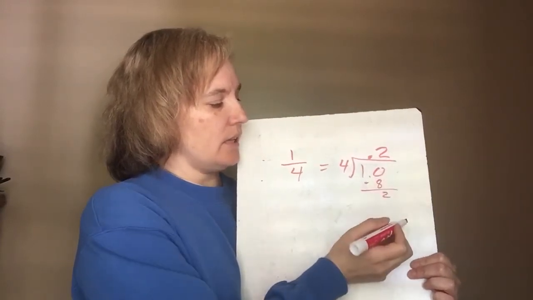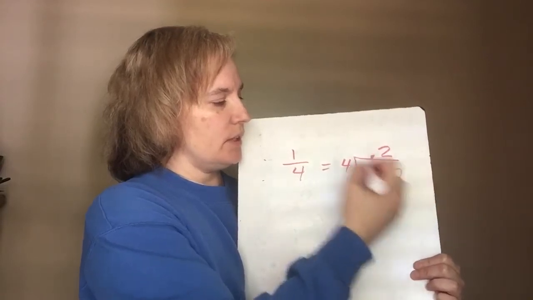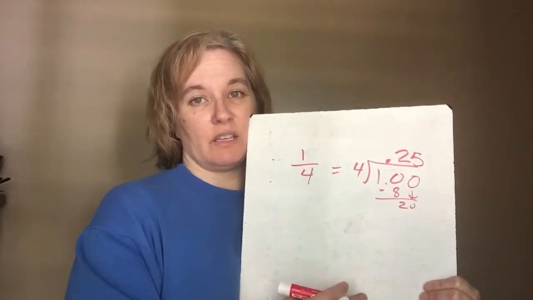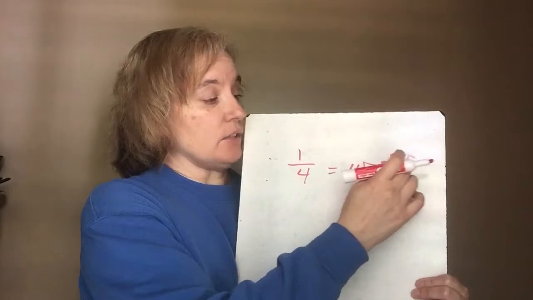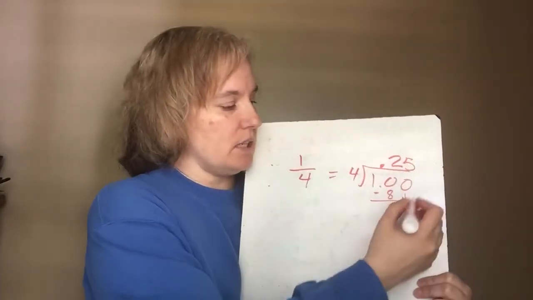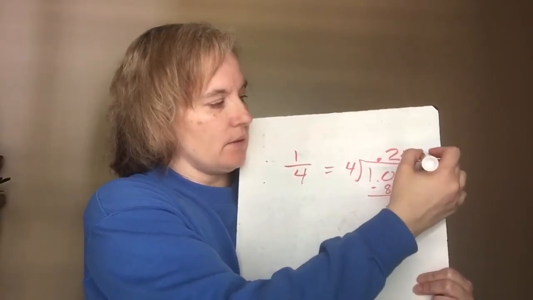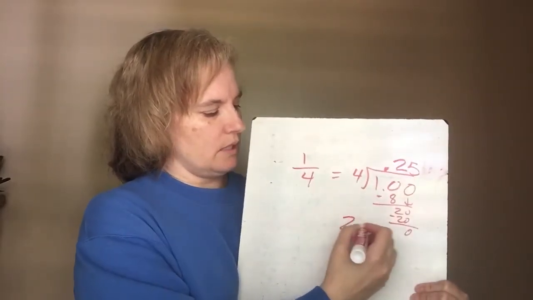I need something else there, so I'm going to stick another 0 there and bring it down. Actually, I wouldn't have done long division with that, but I wanted to make sure you saw it. I've got 2 decimal places now. I don't have to go out any farther because it would just be more zeros. No reason to do that. 25%.